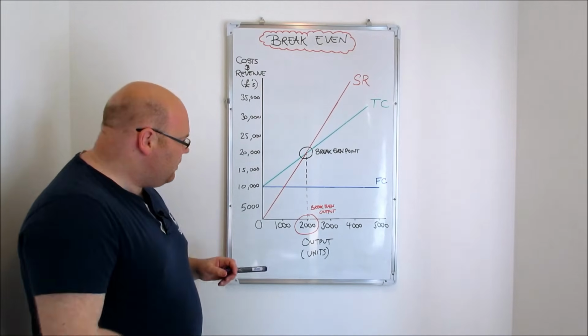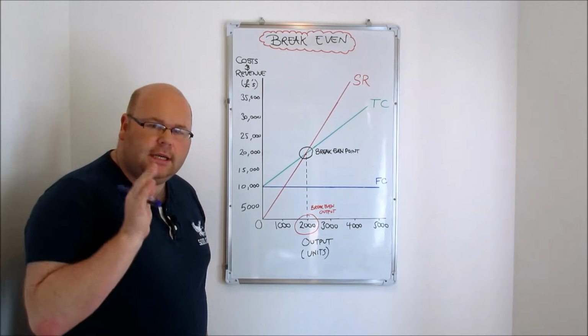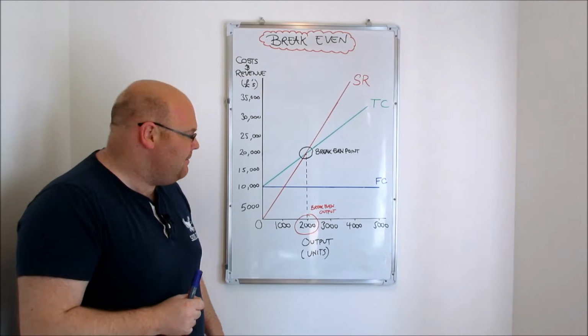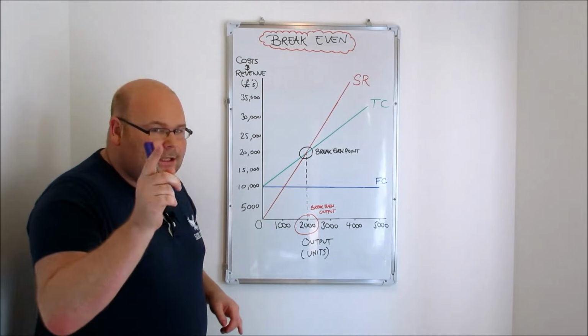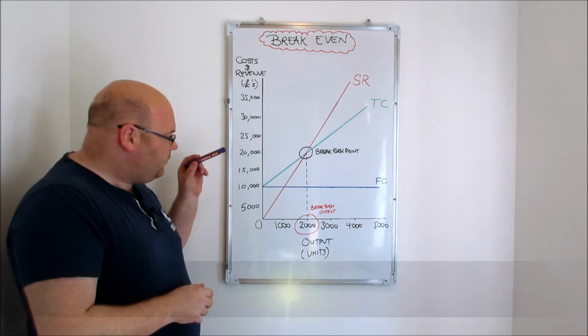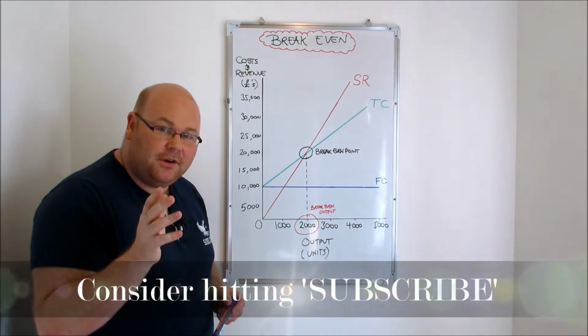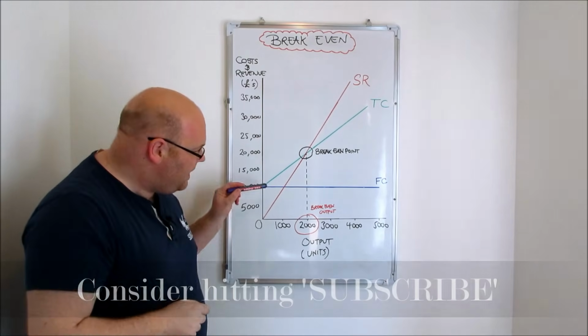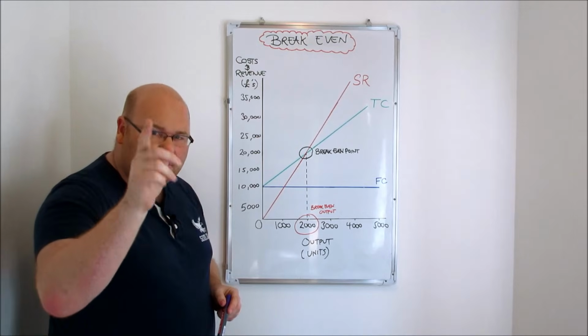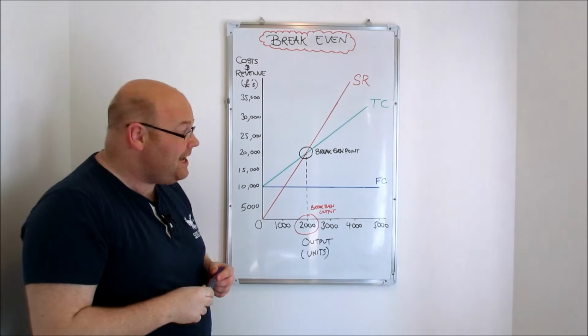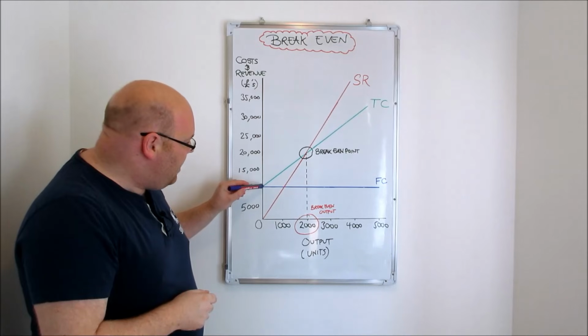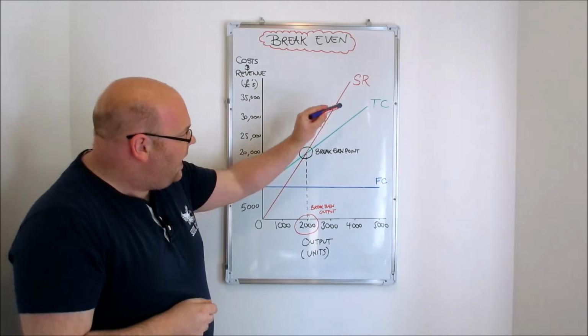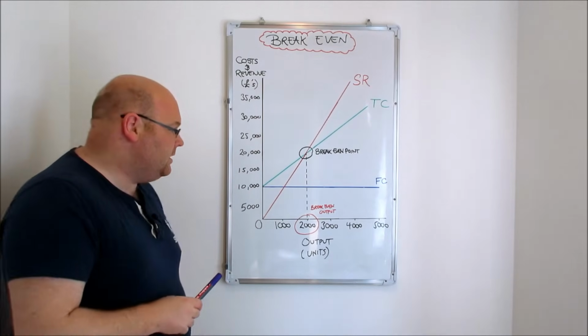But the key thing to remember is, even if we produce 0 units in a month, doesn't mean our total costs are 0. Although our variable costs of production will be nothing if we don't produce any products, we're still always going to have to pay those fixed costs. Got to pay the rent, got to pay the insurance, got to pay those salaries.